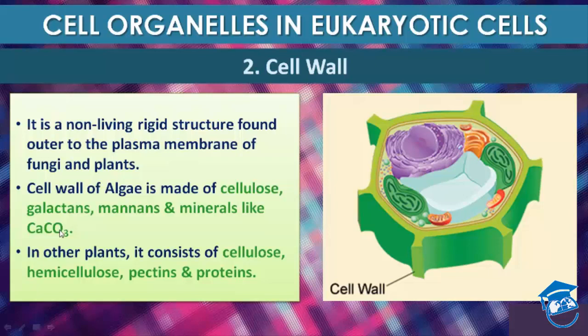The cell wall not only gives shape to the cell, it also protects the cell from mechanical damage and infection. As you can see, it tightly adheres to the other cells, and that is the reason it provides strength to the cell. It also helps in cell-to-cell interaction and provides a barrier to undesirable macromolecules.